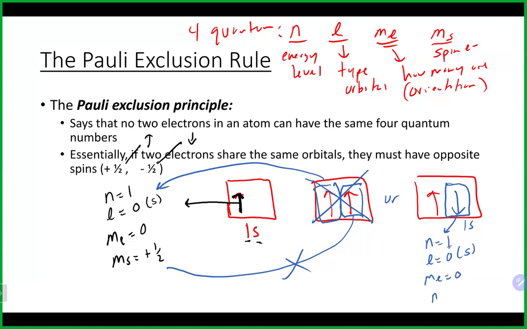Now the difference, where it does not violate Pauli's exclusion rule, is the second electron is pointing downward, which means instead of plus 1/2 for the spin, it has minus 1/2. That gives them different 4 quantum numbers, even though 3 of the 4 are the same, but overall they don't have the exact same 4 quantum numbers. And that does not violate Pauli's exclusion rule.